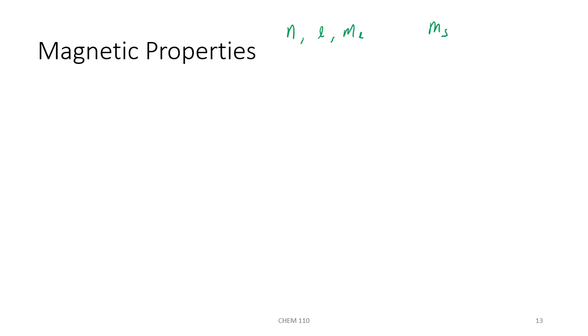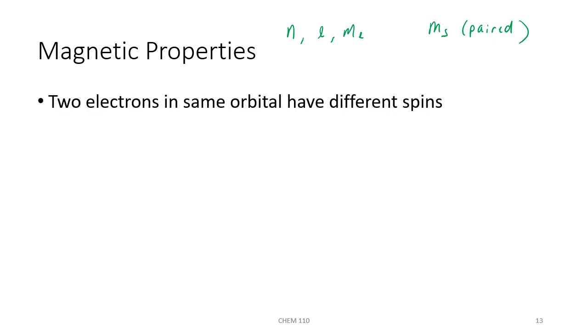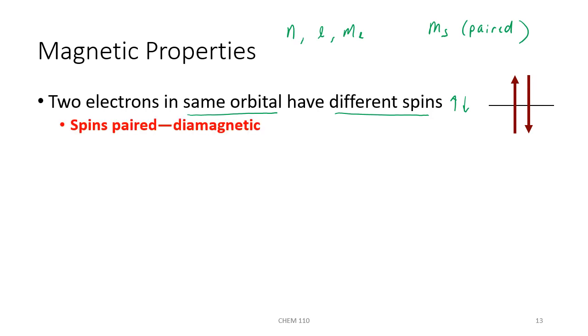When they're in the same orbital, we say that their spins are paired. And this pairing of spins cancels out the magnetic properties of a sample. So if 2 electrons are in the exact same orbital, and they have 2 different spins, we could say spin up and spin down, they are not going to have any magnetic effects because their spins are paired.